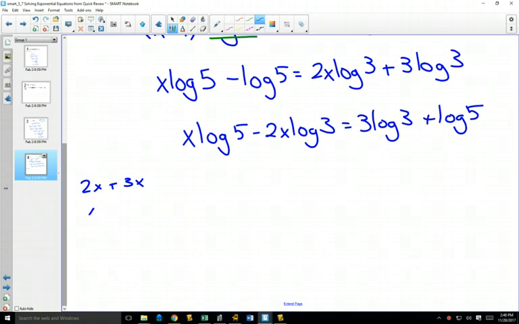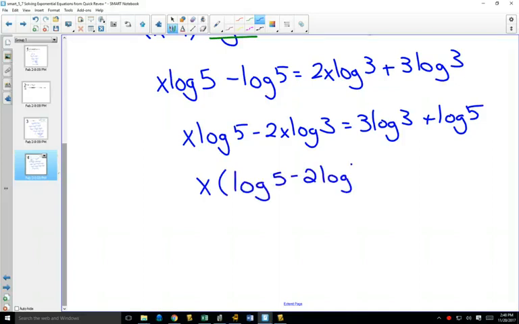You could factor it out here too, just nobody ever does that. Oh, 2 plus 3, that's 5. But you could. So what we're going to do here is we're going to factor out that x, leaving you with a log of 5 minus 2 log 3. That's what's left after I take the x out. It's still equal to 3 log 3 plus log 5.